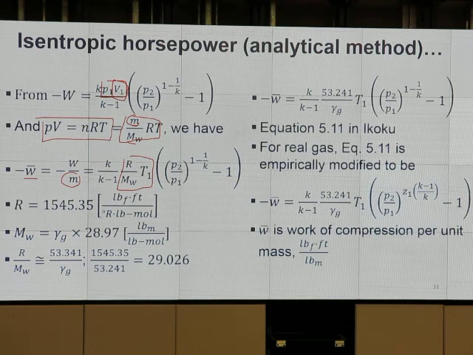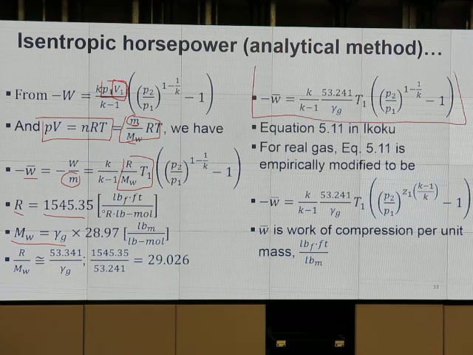I substitute the value. This time I use a little strange value for the gas constant, which is that much pound force foot per Rankine per pound mole. And molecular weight I can express in terms of specific gas gravity. Then I put everything in, I get that equation.